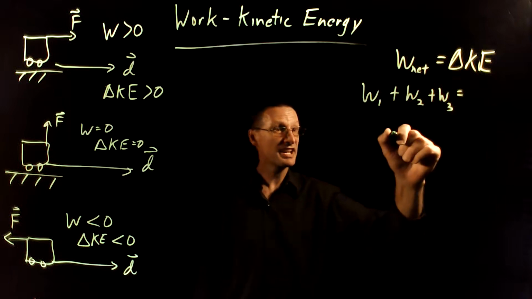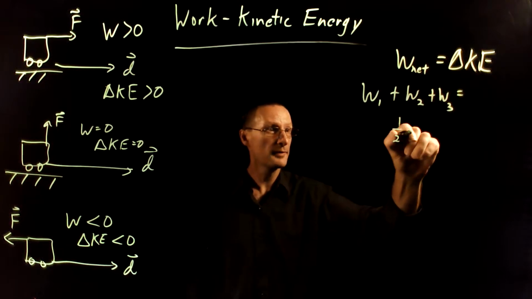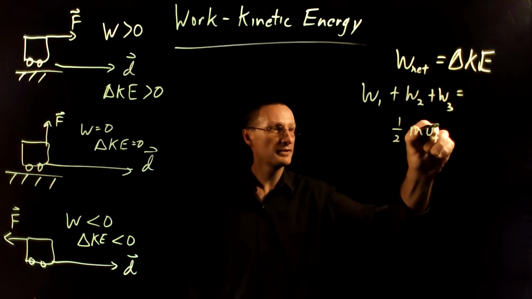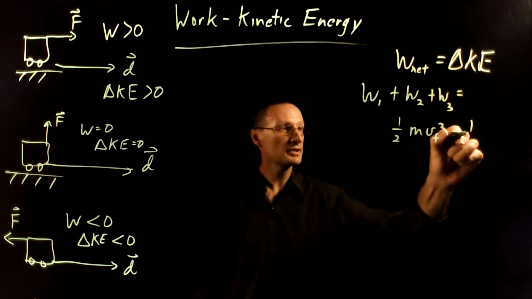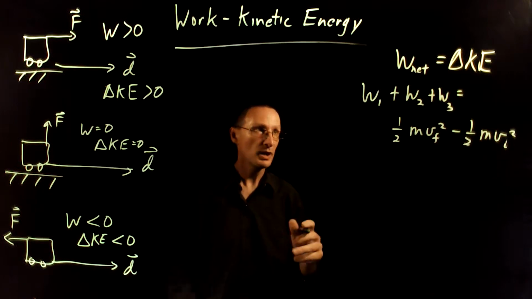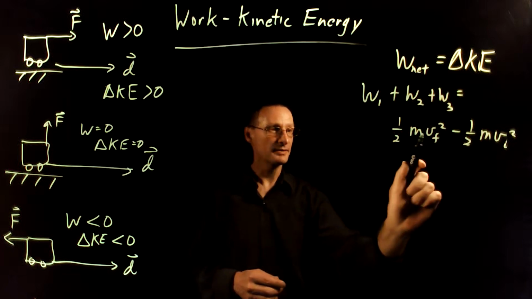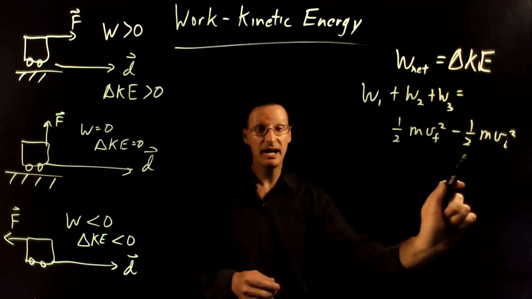But remember that the change in kinetic energy is just the final kinetic energy, 1/2 mv final squared, minus the initial kinetic energy, 1/2 mv initial squared. So let's look at this in detail. If the work done is positive, that means that this term is positive.